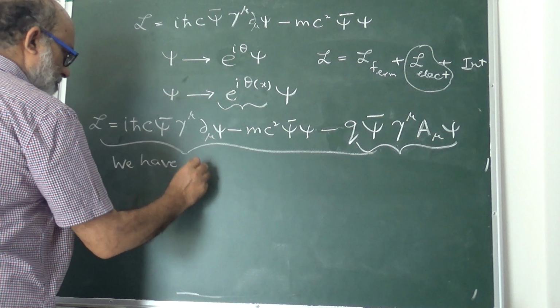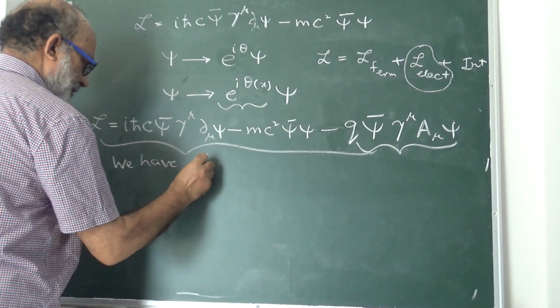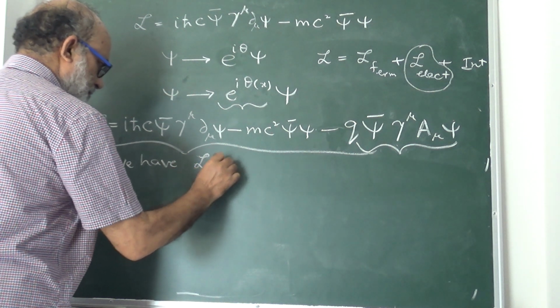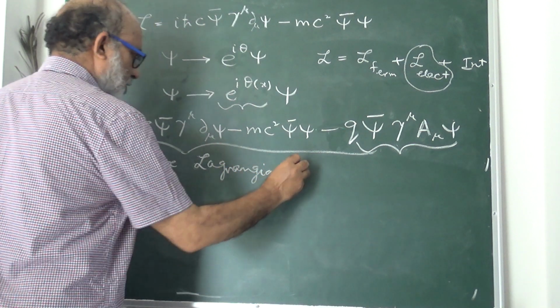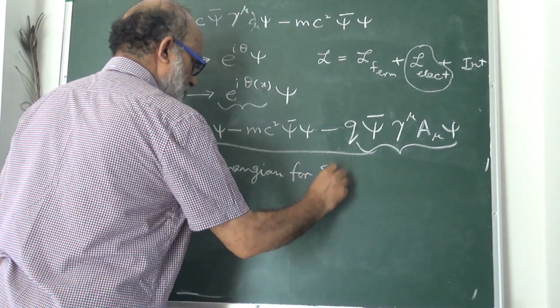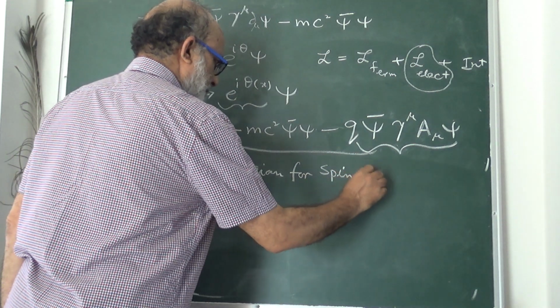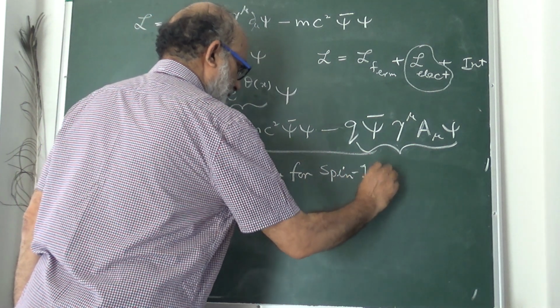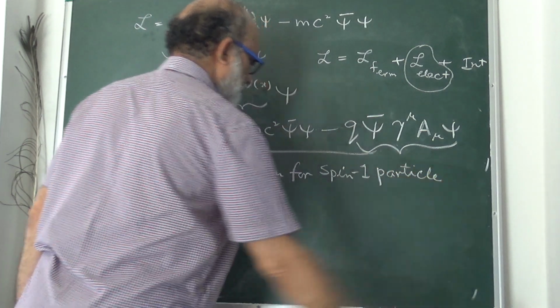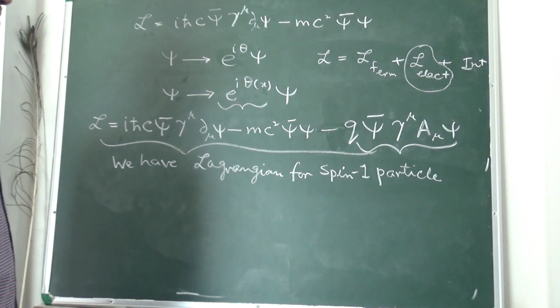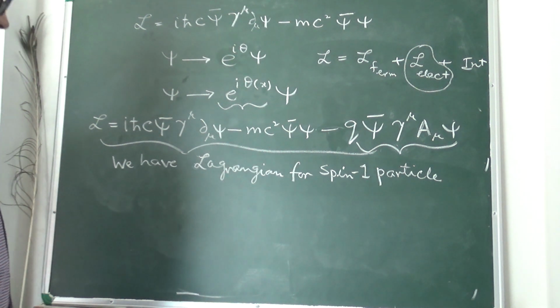The Lagrangian for a spin 1 particle is provided by Alexander Proca.